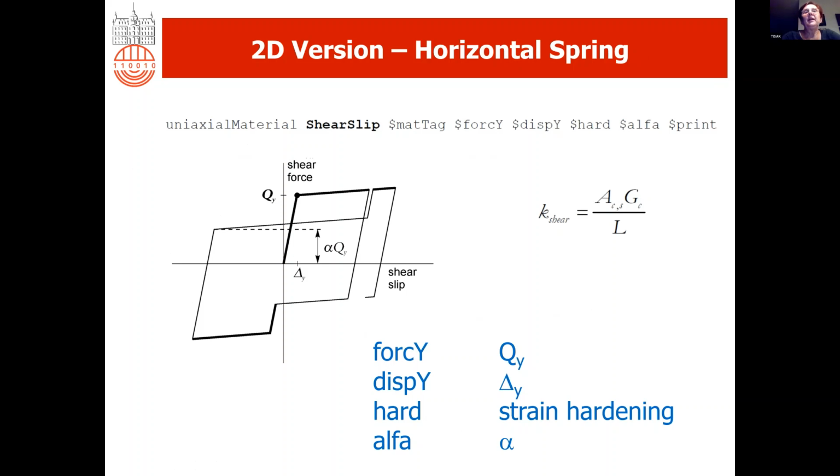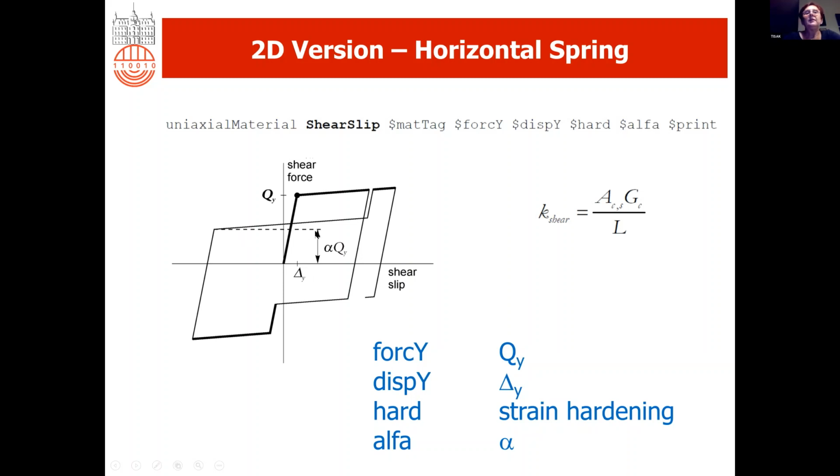And then for the horizontal springs, I mentioned that we can define the elastic behavior, or we can also define elastoplastic behavior, where we have to define the yielding force, actually the shear strength of the element, and the corresponding displacement.